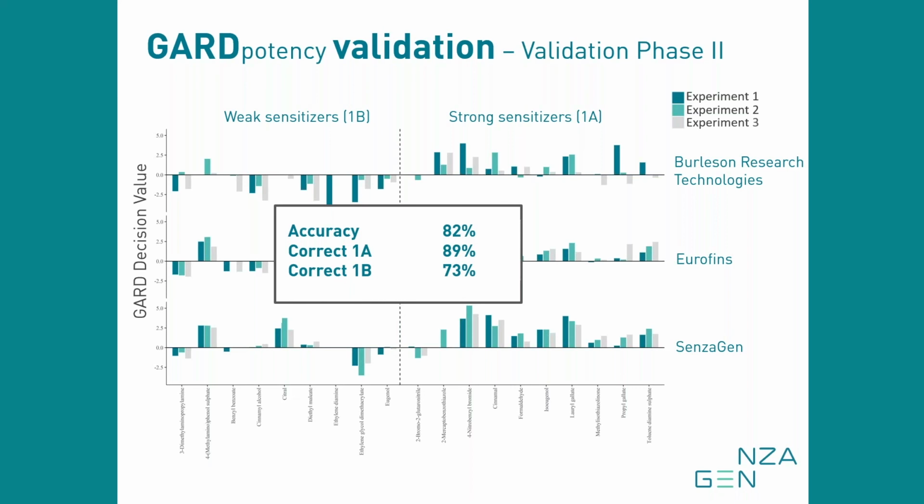So for this tiered approach where we have the non-sensitizers, the strong sensitizers, and the weak sensitizers, we have an accuracy of 82%. All this data from GARD skin and GARD potency has been submitted to regulatory authorities, to the ECVAM, and we are currently waiting for a scientific review and also for a formal approval.